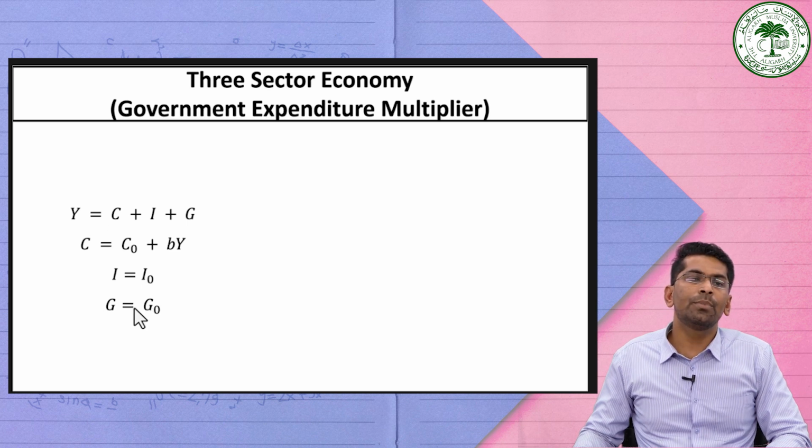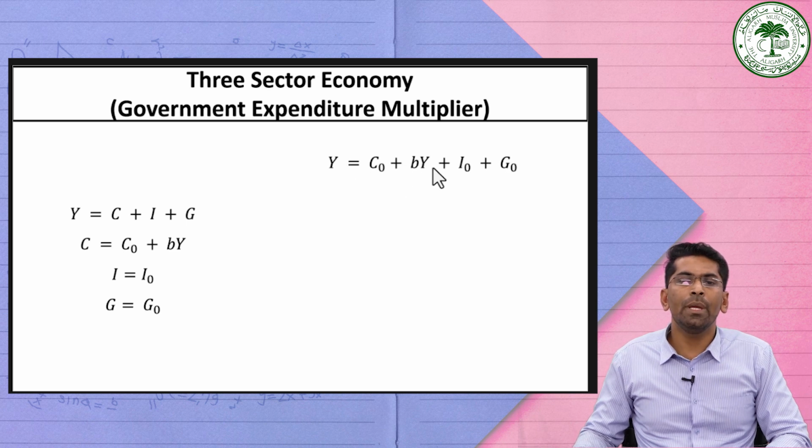So we have a consumption function, an investment function and government expenditure, and we substitute C plus I plus G into the equation. Our equation becomes Y is equal to C0 plus BY plus I0 plus G0. Now BY we take to the left hand side, so it becomes minus BY: Y minus BY is equal to C0 plus I0 plus G0.